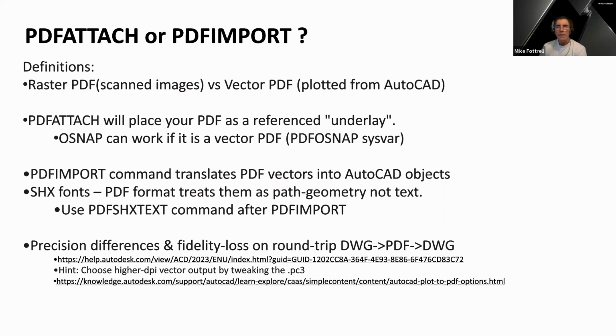It's the first one, if I remember, it's kind of about importing PDF files, and it touches on a couple things I just mentioned: PDF attach versus PDF import, how the objects in the PDF might get converted back into AutoCAD objects, and the limitations.